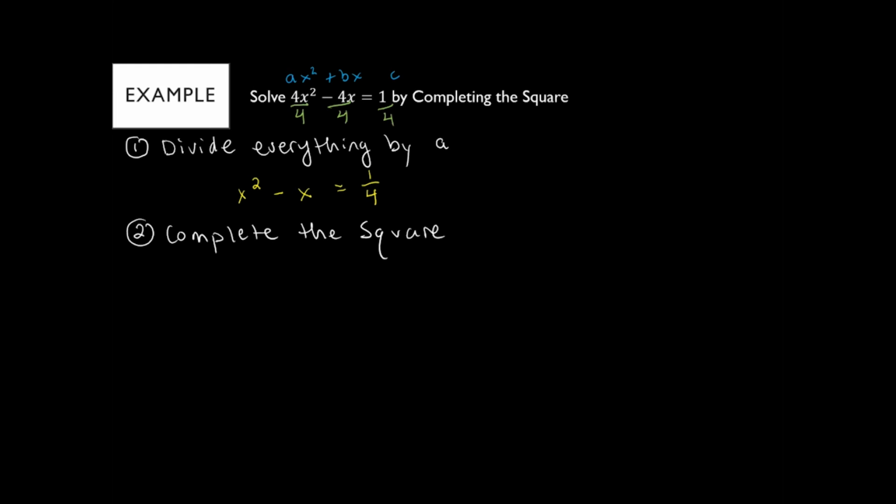And so again, that formula is you're taking half of b and then squaring it. So b is the number that's in front of the x, which is going to be a negative 1 here. If it was just negative x, we're going to see it as a negative 1.